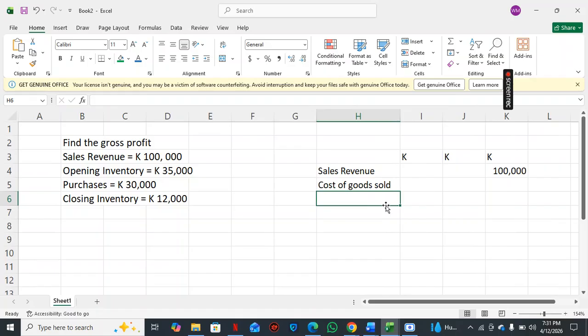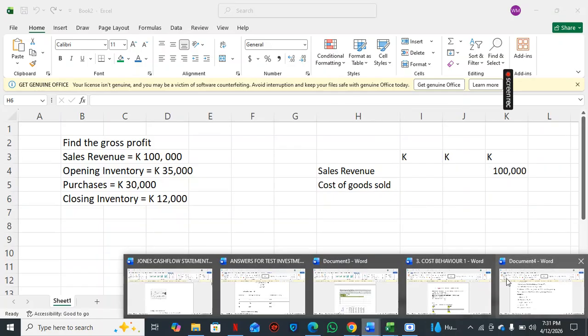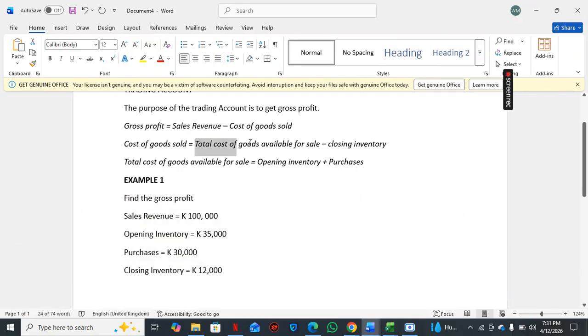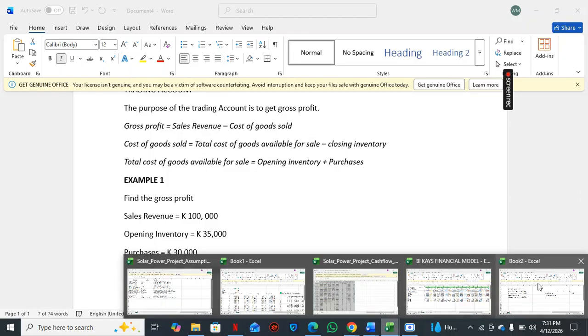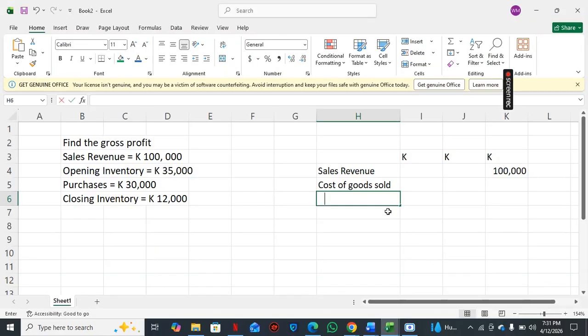So remember, colleagues, cost of goods sold. The formula is total cost of goods available for sale minus closing inventory. So when you're tabulating your cost of goods sold, you start with your total cost of goods available for sale. So we need to add our opening inventory, 35,000.